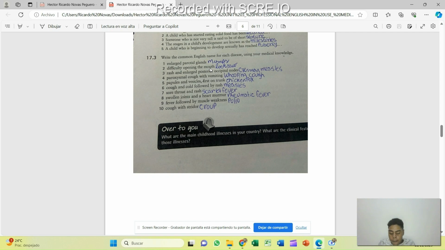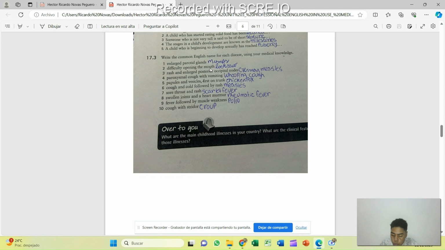Papule and vesicle, first on trunk, chicken pox. 6. Cough and cold followed by rash, measles. 7.